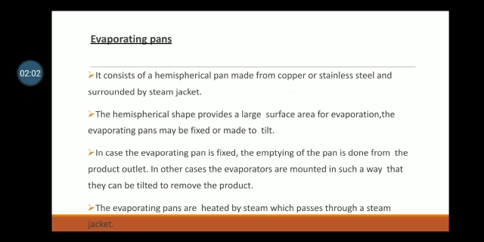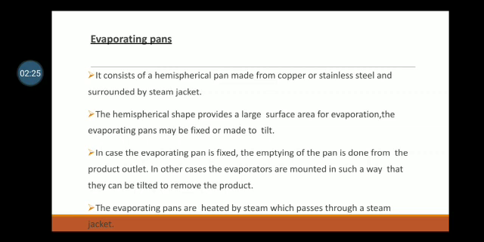First, evaporating pans. It consists of a hemispherical pan made from copper or stainless steel and surrounded by a steam jacket. The hemispherical shape provides a large surface area for evaporation. The evaporating pans may be fixed or made to tilt.